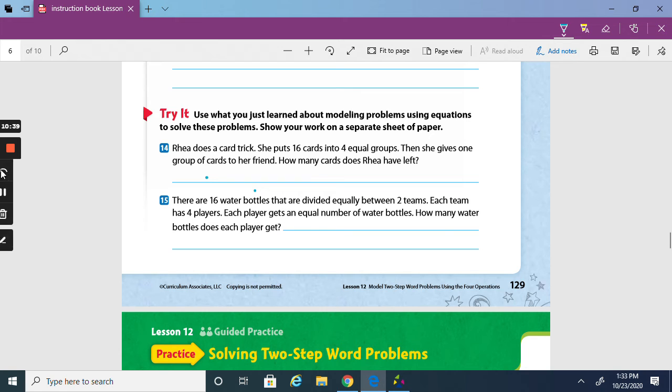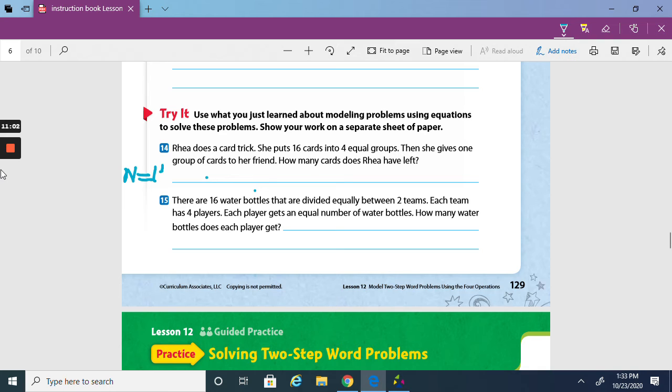All right, so I'm going to use N to represent how many cards are in each group. So N equals, if I have 16 cards and I'm putting it into 4 equal groups, that means I'm splitting the cards apart.